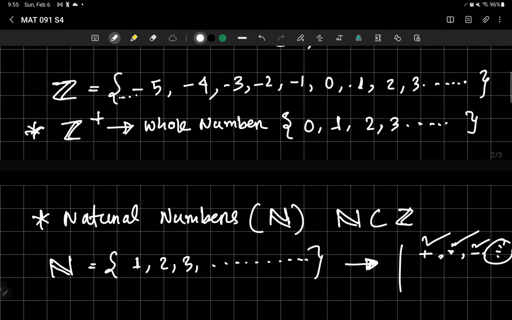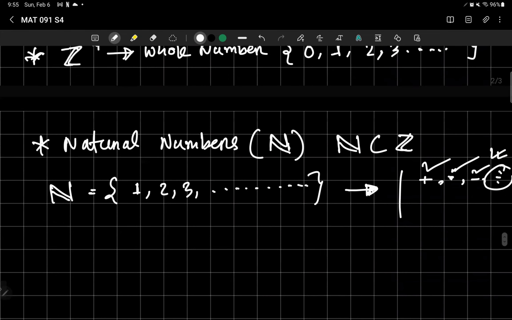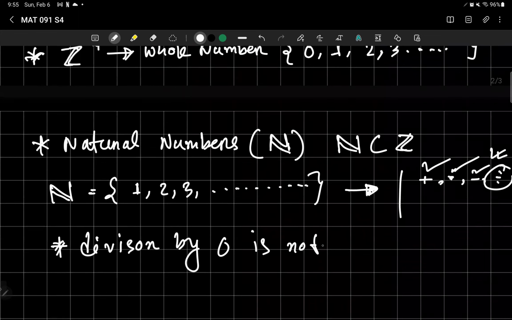But if you get rid of 0 and define this set of natural numbers, then you can do all 4 of these operations without any issues, because division by 0 is not well defined.